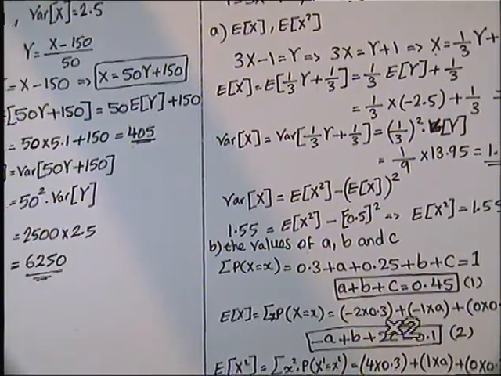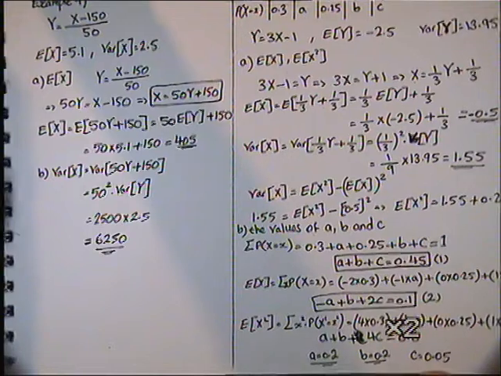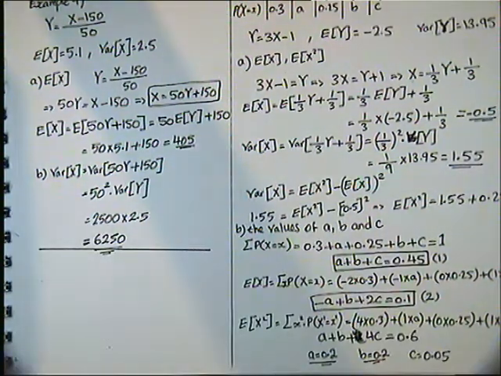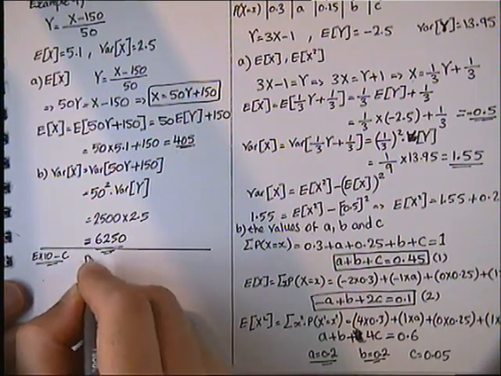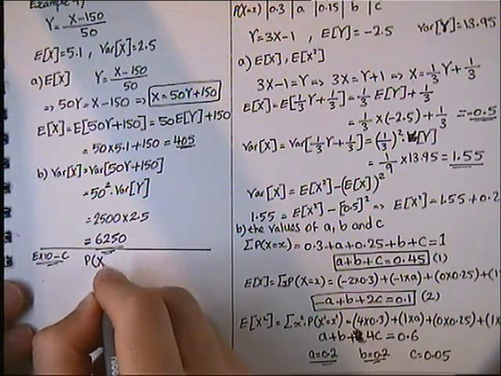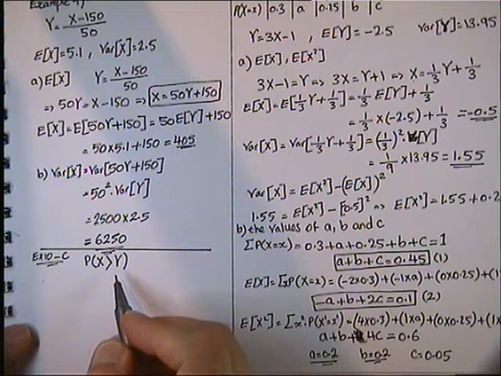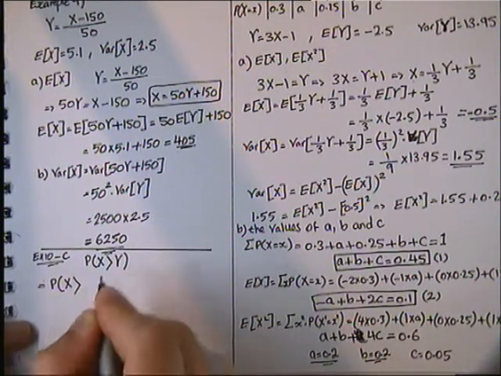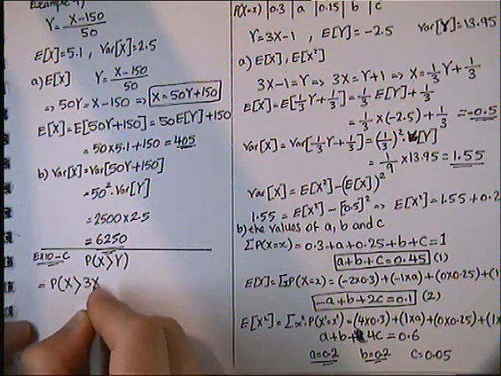Okay, let's move on to, actually we've got some space here, just to have everything on the same page. Example 10 part c. Probability of x greater than y. We know that y is equal to 3x minus 1. Therefore, let's write the probability of x is greater than 3x minus 1.